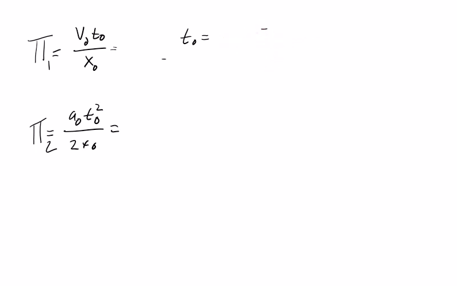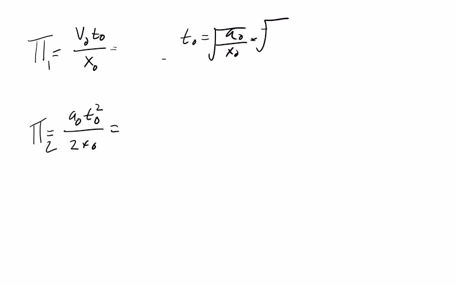So let's say instead we're going to say that t0 is the square root of x0 over a0. Sorry, I was slightly off here. That will give you a time scale.